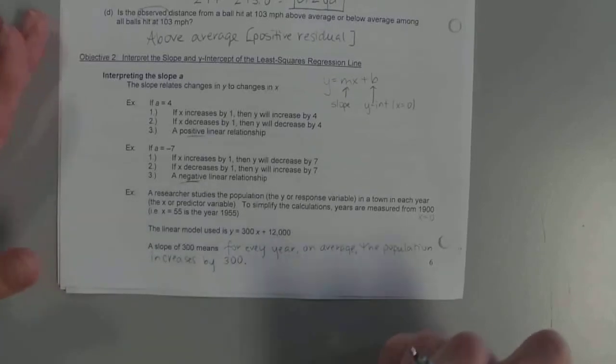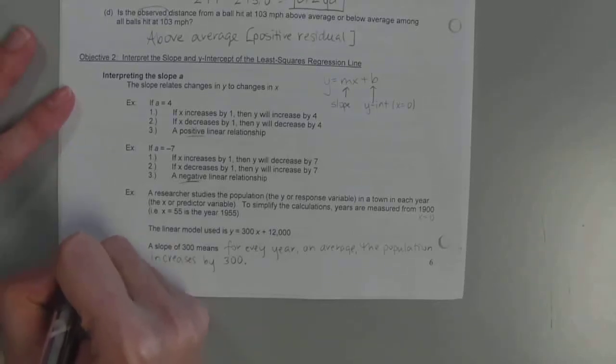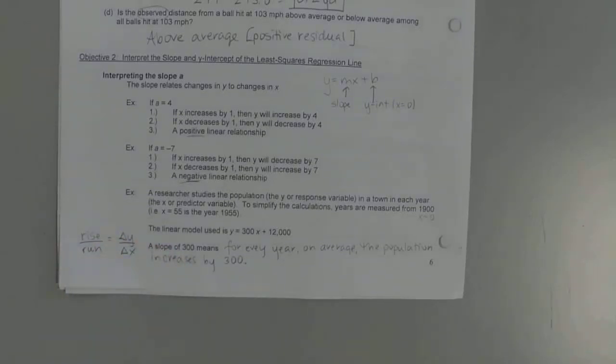We'll write that down and I'll kind of explain what it means. A slope of 300 means for every year on average, the population increases by 300. Do you remember slope was rise over run? Do you remember that from back in the day? Or change in y versus change in x? The delta symbols there, you see that in like chemistry.